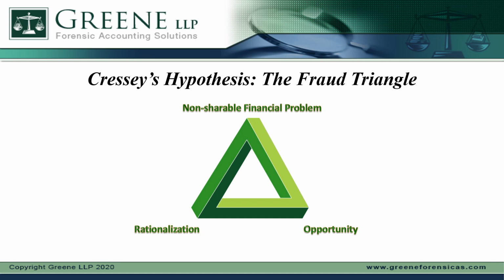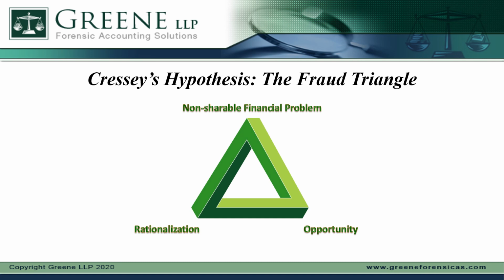The fraud triangle consists of three parts, the first being a non-shareable financial problem. This includes such things as marital problems and affairs, addictions such as gambling, drugs, alcohol and spending, business reversals, and health care bills. The second element is rationalizations.